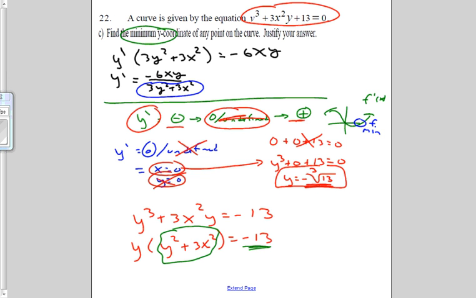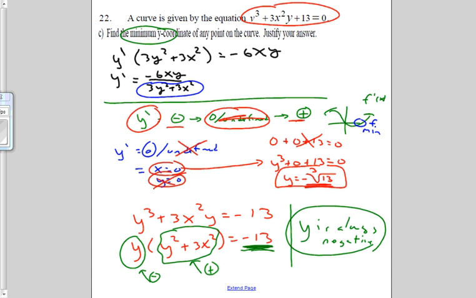And if it's always going to equal negative 13, the only way that our answer is always negative is if this term here is negative, and that term is y. So that implies that y is always negative.